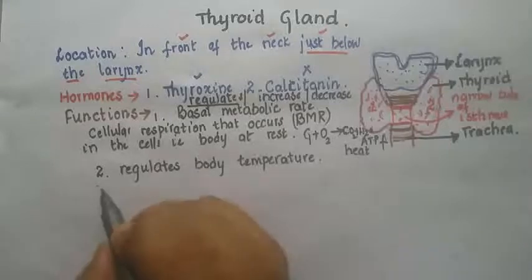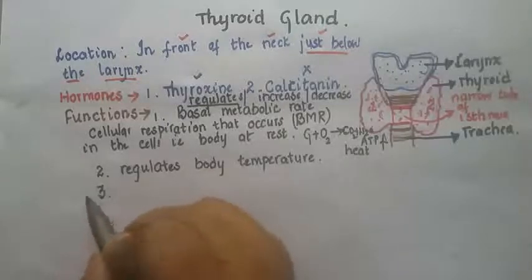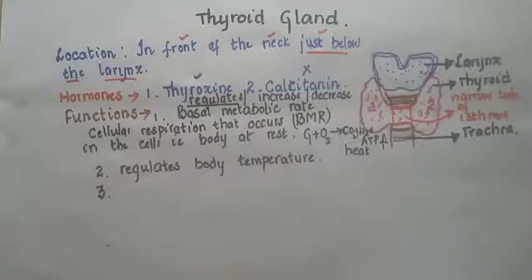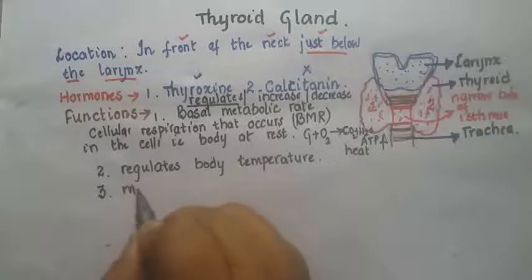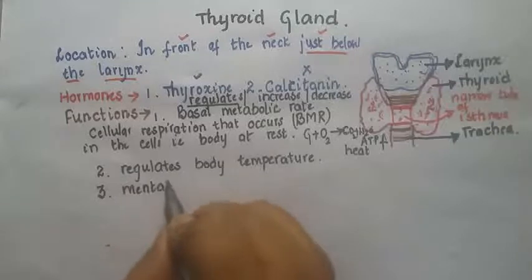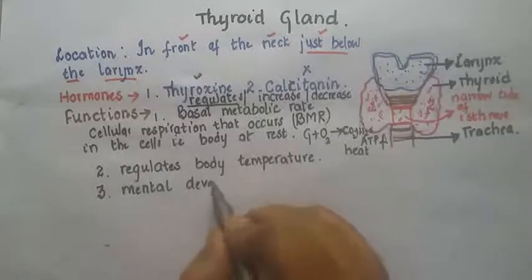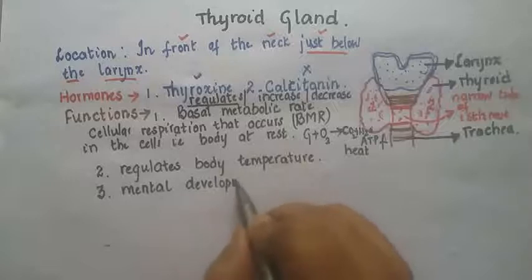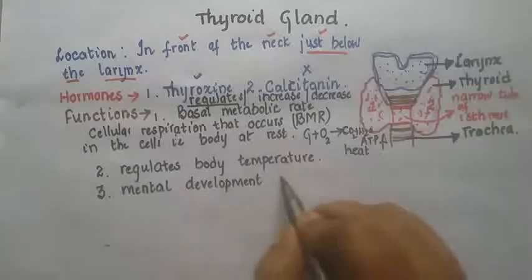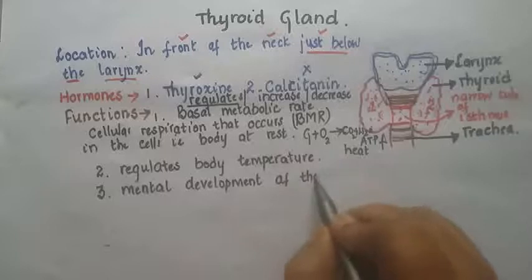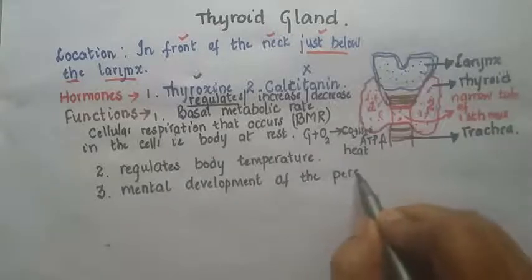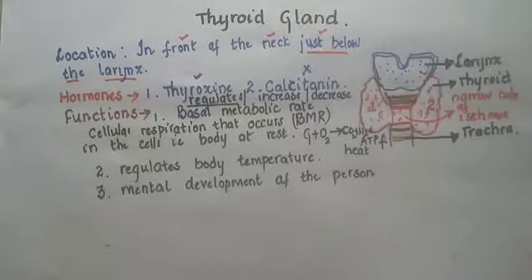Along with that, thyroxine helps in the mental development of the person. So what is the meaning of mental development of the person? We know that, children, as we are growing, as the years pass by, from your lower class to the higher classes, the ability of your brain increases, right?